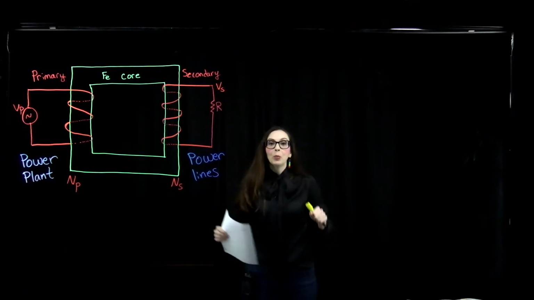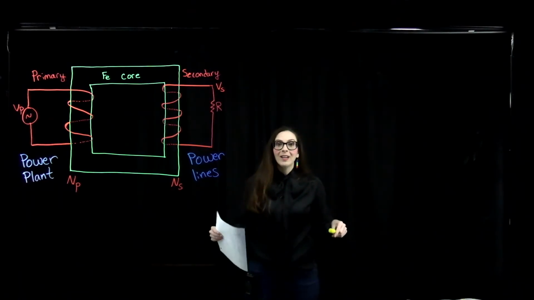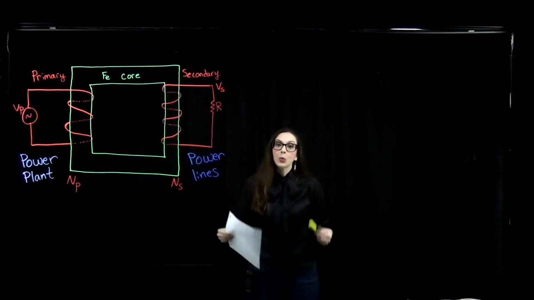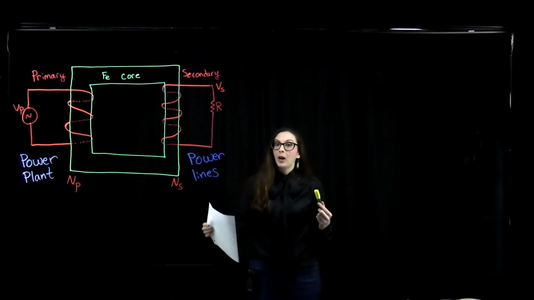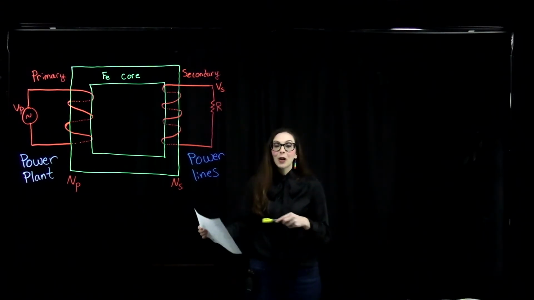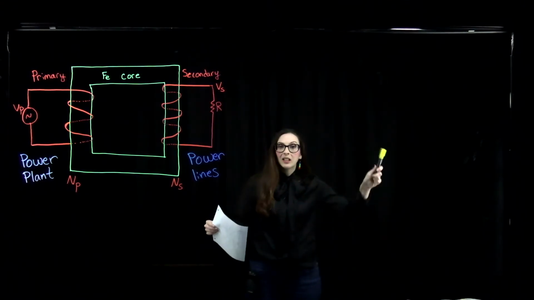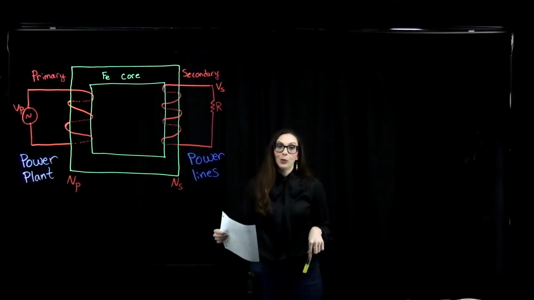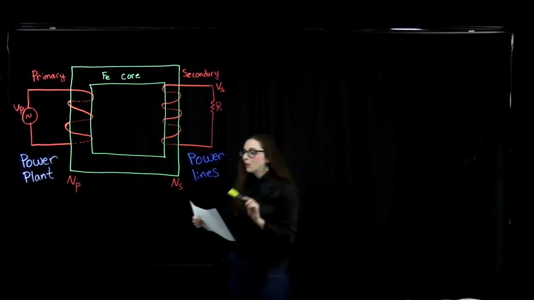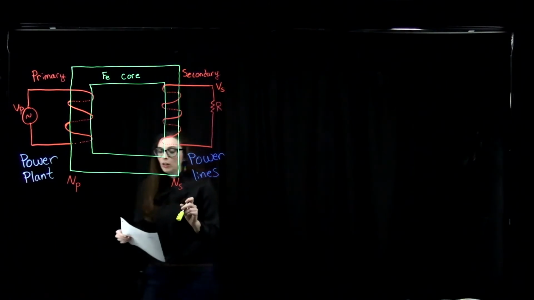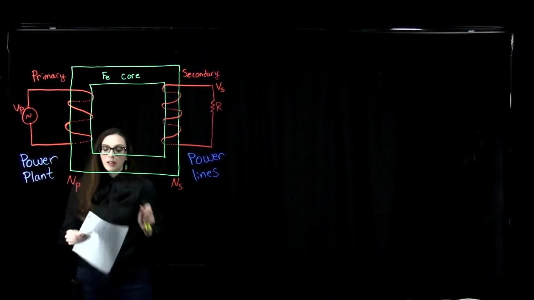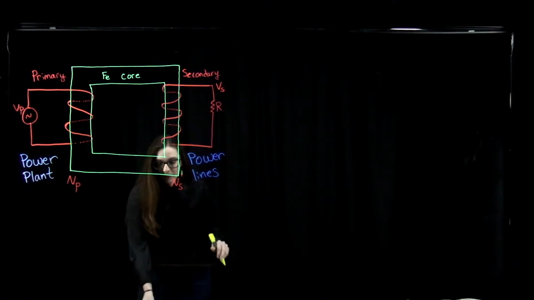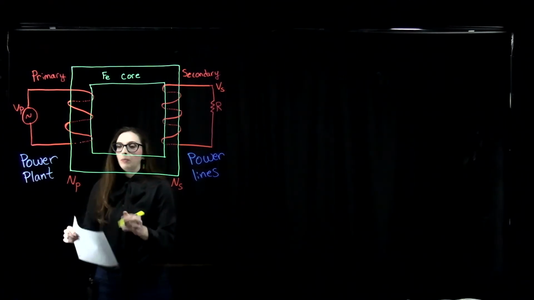In this problem, we are going to think about why it is advantageous to use transformers when we're taking power, electricity, from power plants and sending it across power lines before it enters our homes. So here, we're going to have a generator at a utility company, and this generator is going to produce 100 amperes of current.